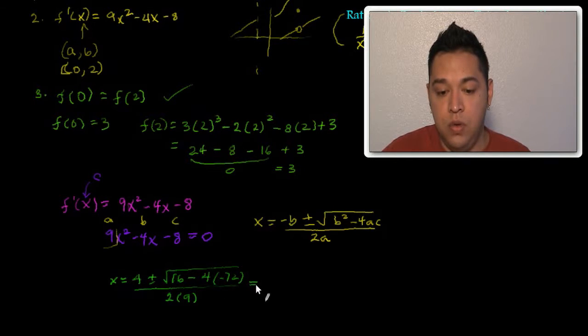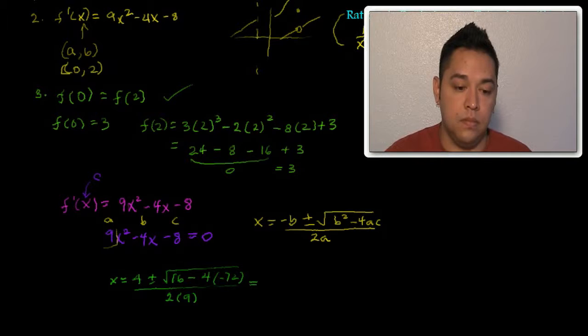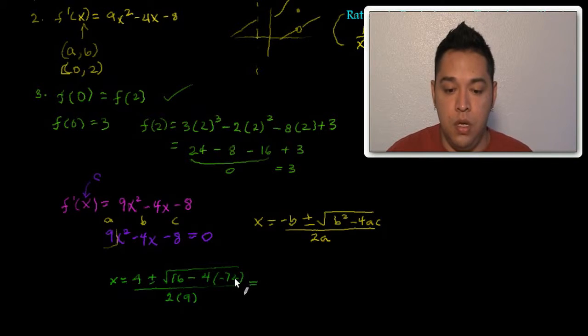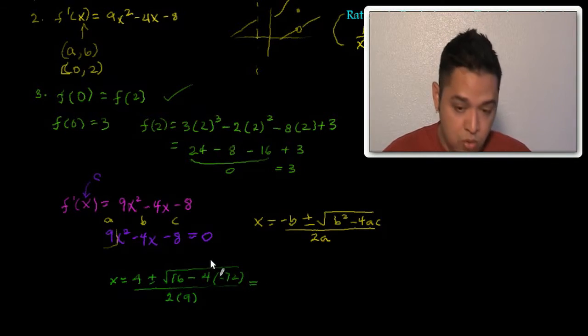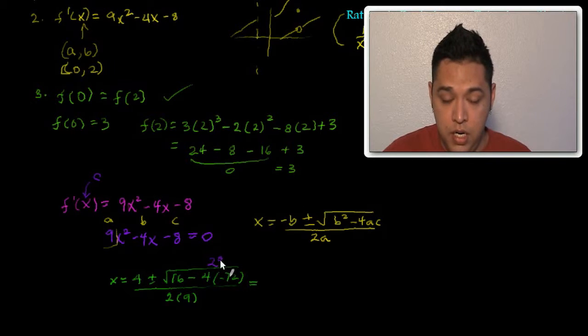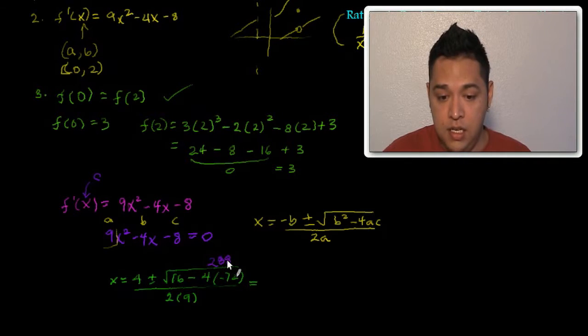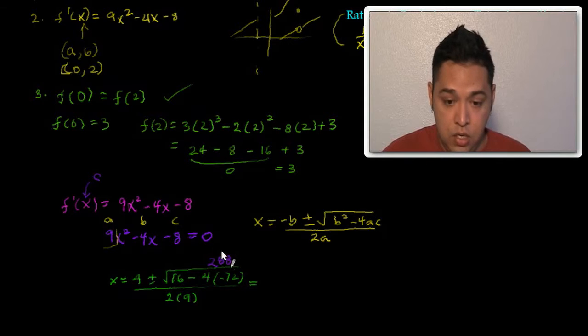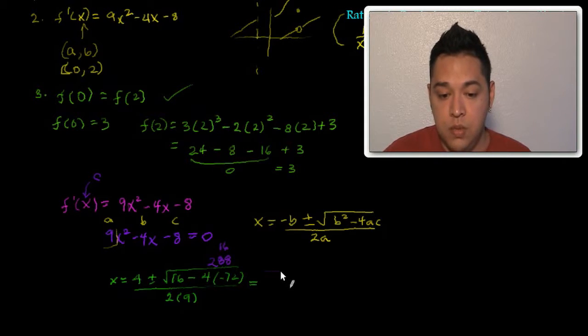And that would equal to what? Well, 4 times 72, I got to be 288. 288 plus 16 is what?